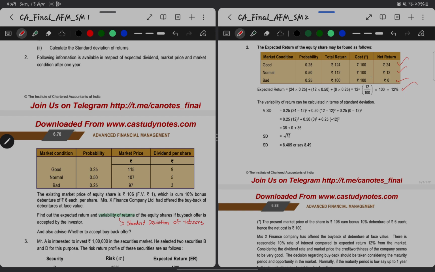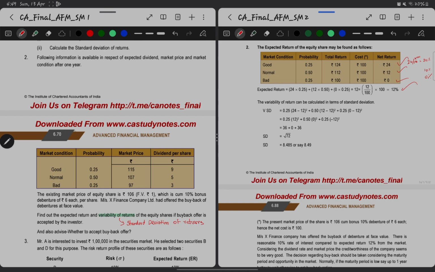Here since the cost is 100, the percentage also will be the same. Otherwise we should find out like this: 24 divided by 100 into 100. Here it is 24% and 12% and 0%. Then these returns have to be multiplied with the probabilities to get the expected return.